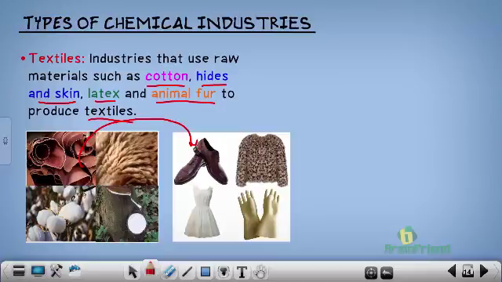Here we have the animal fur. After it has undergone some chemical processes, it can be used in the making of fur jackets that we use to shield cold. Also, we have cotton in its raw form here. When it has undergone some chemical processes, it can be used in the making of dresses that ladies wear. Also, the latex we have here can be used in the making of rubber hand gloves.